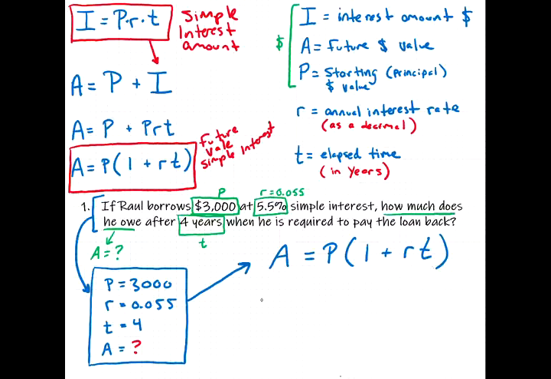And now we can plug in the values that we know. So A is equal to 3,000, parentheses, 1 plus 0.055 times 4.